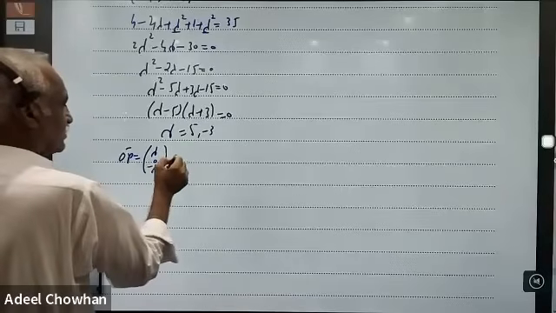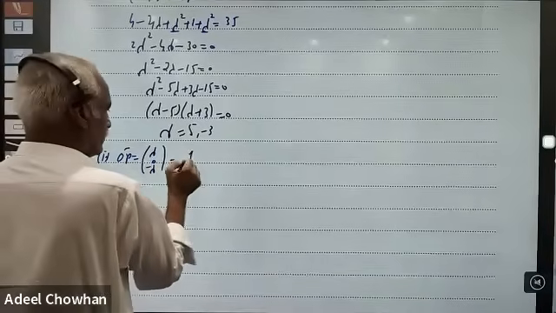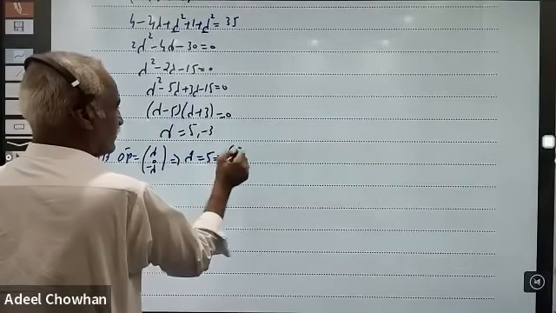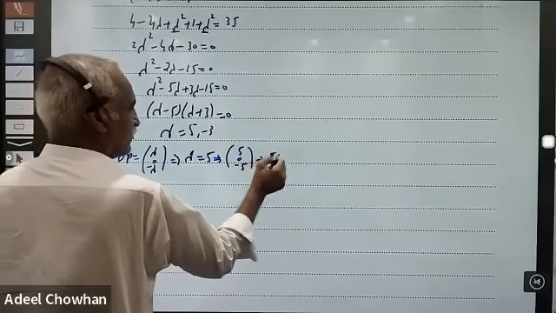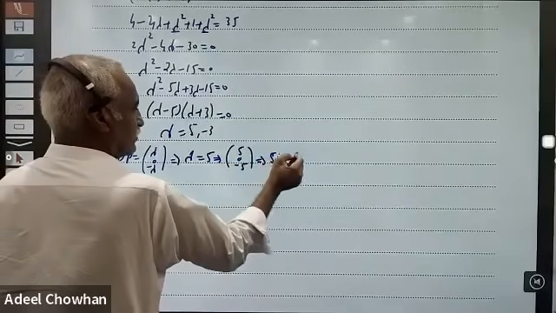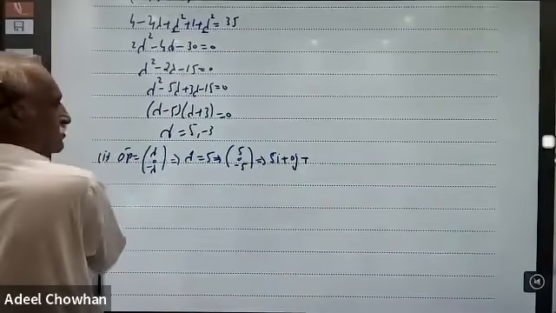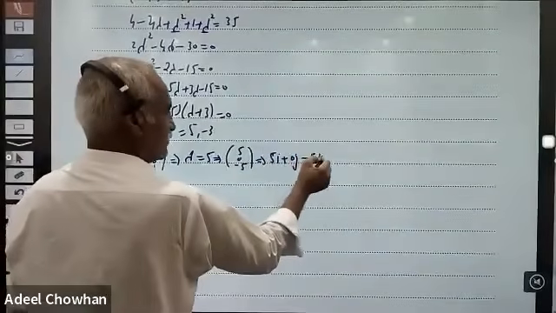So if you take lambda equal to 5, then the possible position is (5, 0, -5), or 5i plus 0j minus 5k.